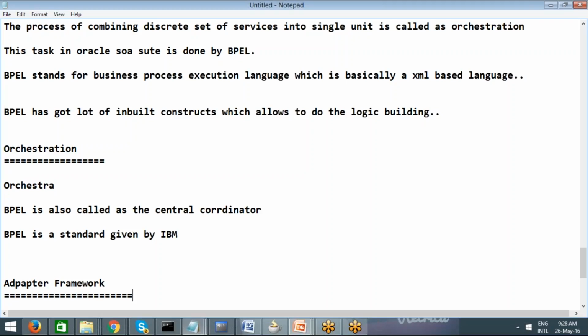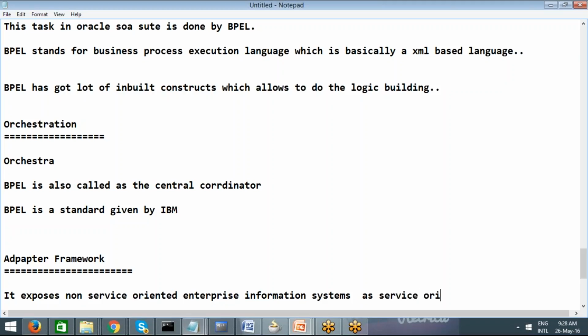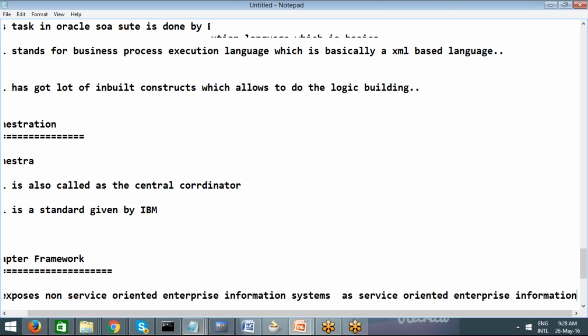We'll talk about the adapter framework a lot more, but for the time being, you can understand it exposes non-service oriented enterprise information systems as service oriented enterprise information systems.